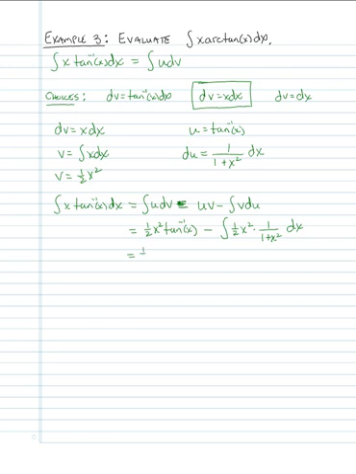Let's rewrite here: 1/2 x squared inverse tangent of x. We'll factor out the 1/2 factor in this integral. And so what we have left is an integral of x squared times 1 over 1 plus x squared. That is x squared over, let's write 1 plus x squared as x squared plus 1 for our purposes here.